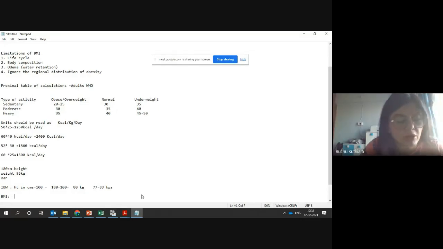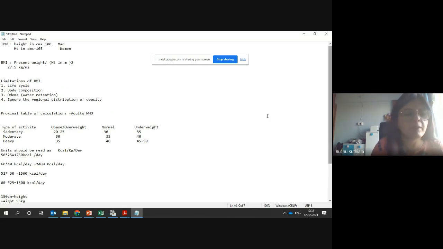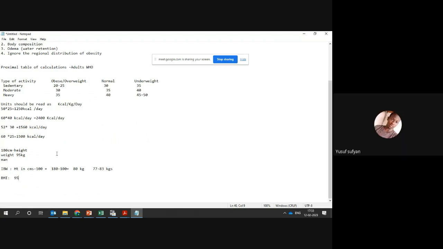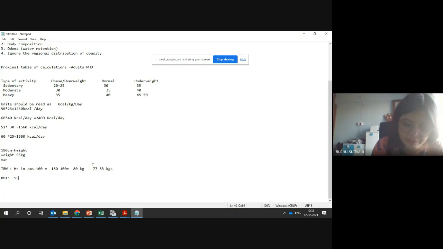So when we talk about BMI, as you can see the formula of the BMI, I have already mentioned this formula. Present weight divided by height in meter square. So what is the present weight over here? 95. This man has to be 80 or somewhere between this range, 77 to 83.